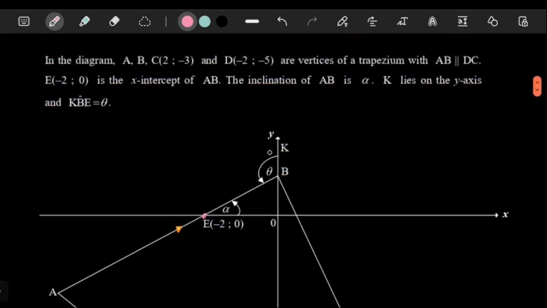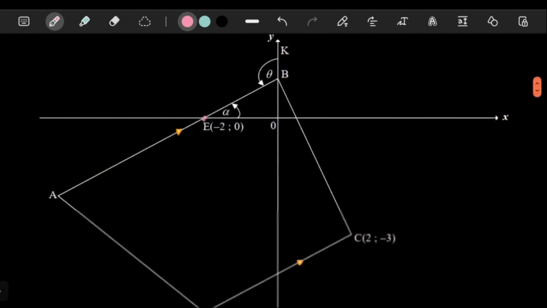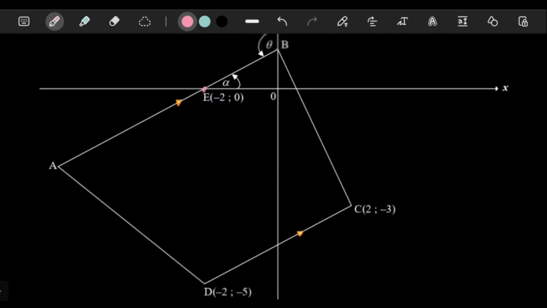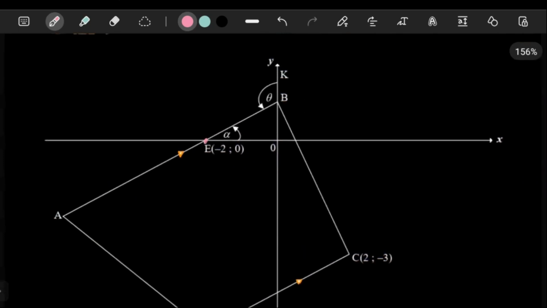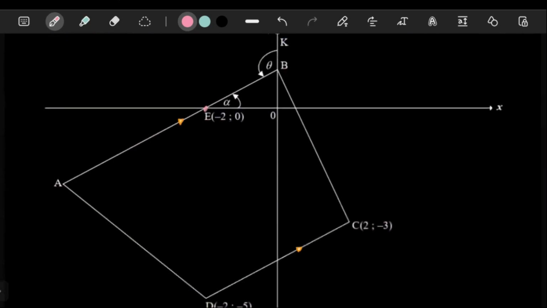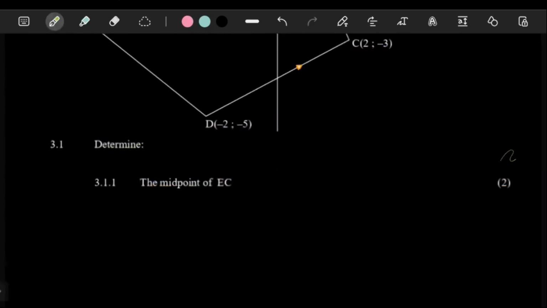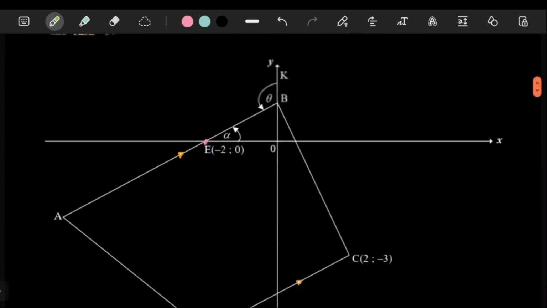And then it says K lies on the y-axis. And angle KBE is equal to theta. Okay, that's interesting. So for 2 marks, it says we need to determine the midpoint of EC.